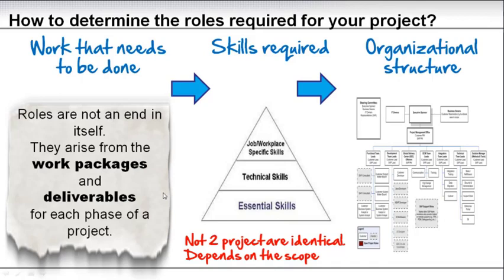Otherwise, you end up underestimating or overestimating. And if you don't look into the essential skills, you end up having a team that is very capable, but not really performing or getting things done, because the way the team works together is disconnected due to a lack of essential or foundation skills. So this is the first step to take.